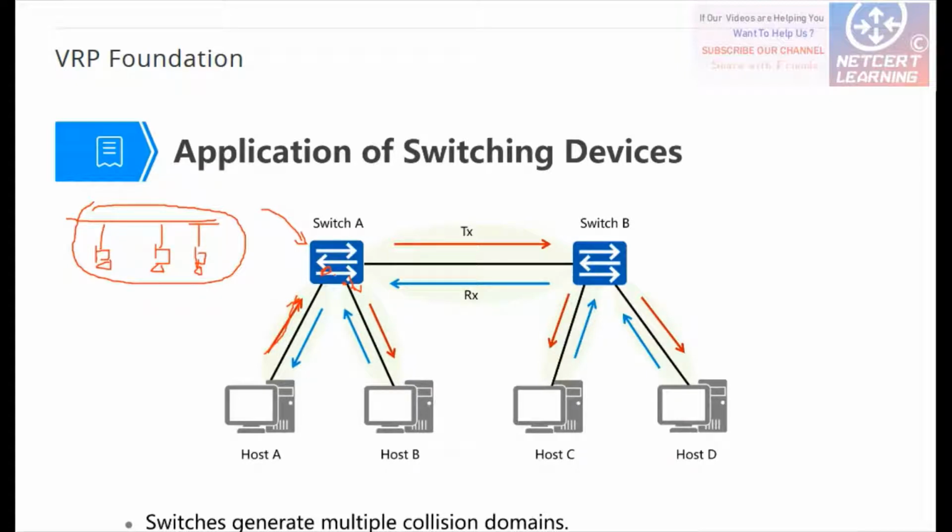So now the collision domain becomes small. One link becomes one collision domain. For the switch, one interface is one collision domain, and not the whole switch. That's the difference from the original Ethernet. The switch separates the network into different collision domains.